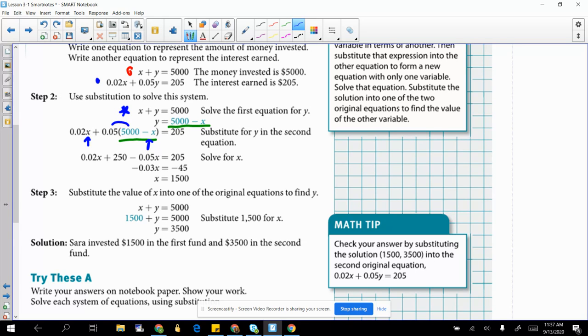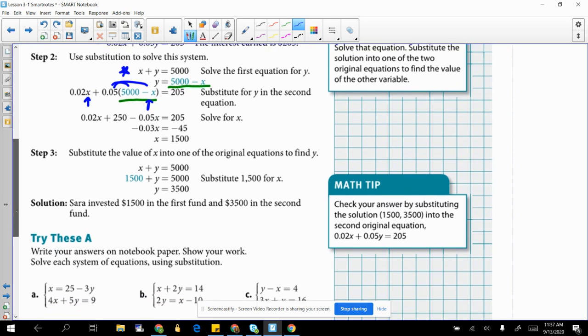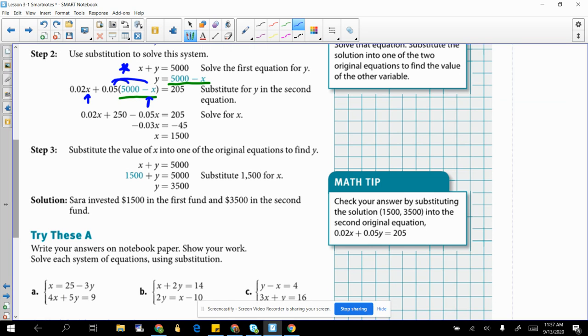So they would have to distribute and combine like terms, which they did here, and get x by itself to solve, and x equals 1,500. So now we know that Sarah invested $1,500 into the first fund because remember, x represented money in the first fund. Okay, but we still need to solve for y to figure out how much was in the second fund.